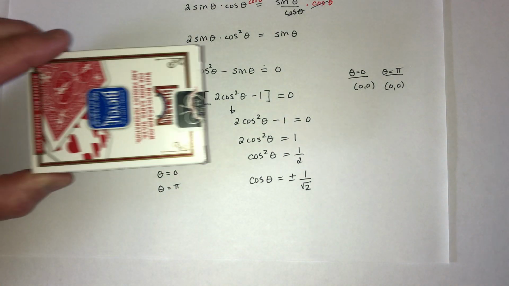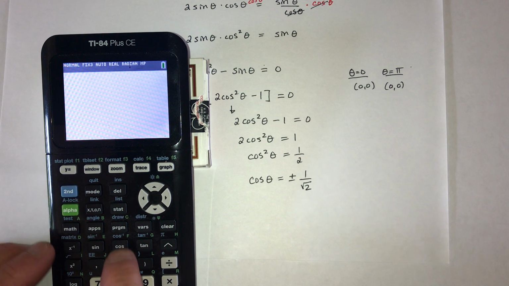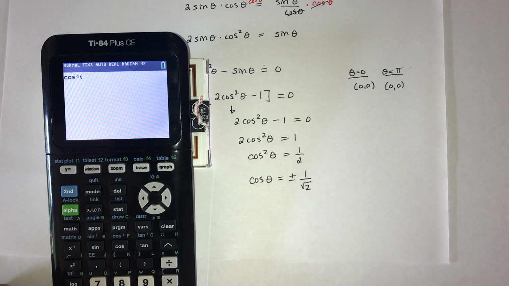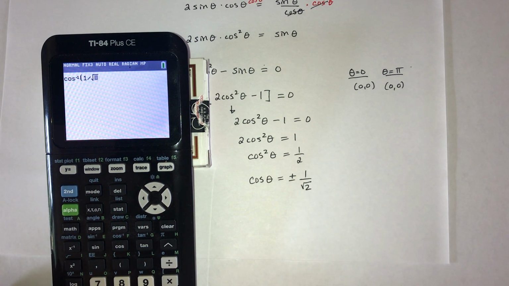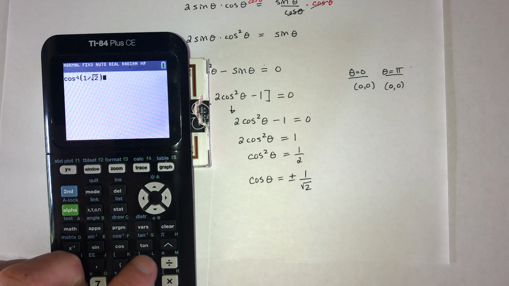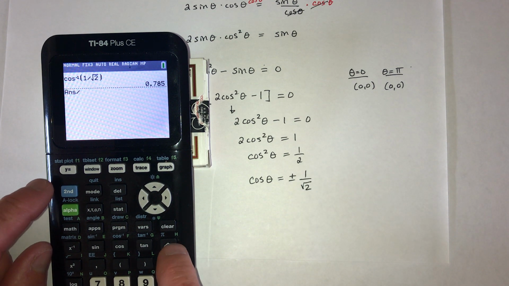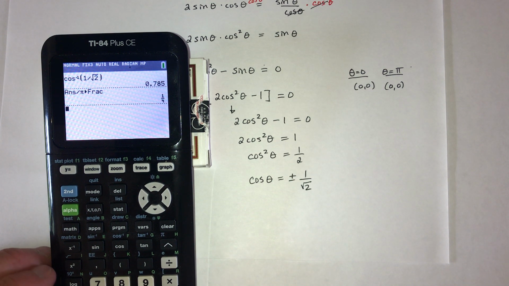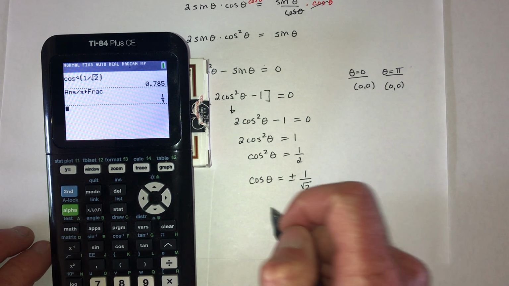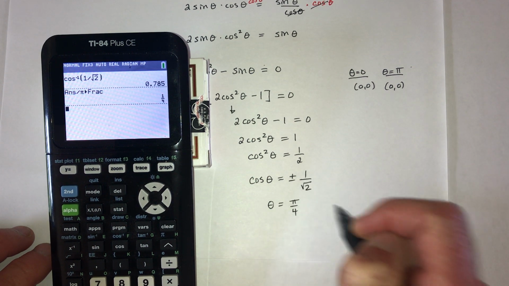And then do cosine inverse of 1 divided by the square root of 2. That looks like pi over 4. Divide that by pi, and then, is that a fraction? It's 1/4 of pi. So you'd get theta equals pi over 4.